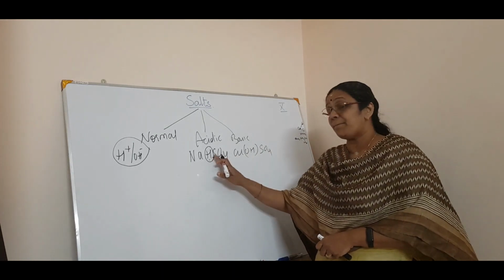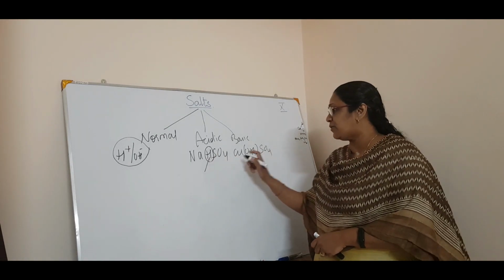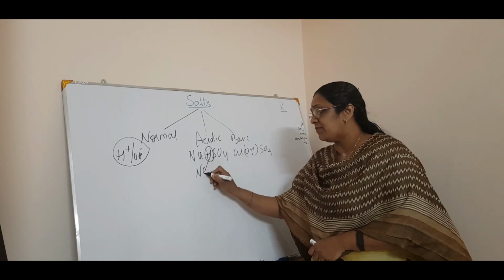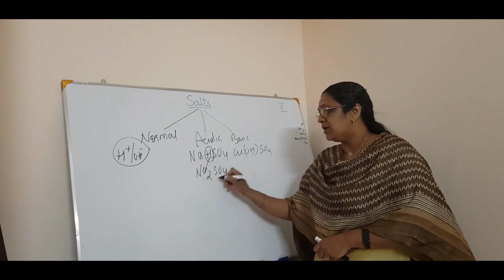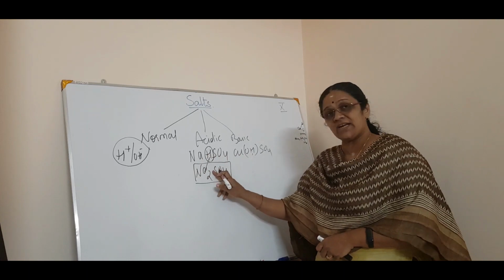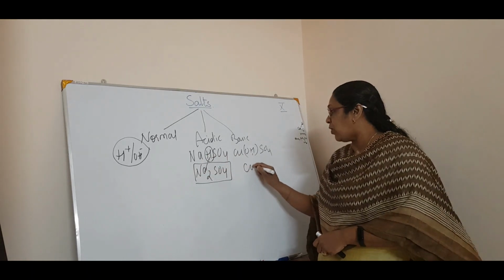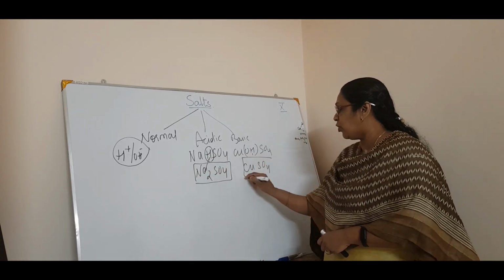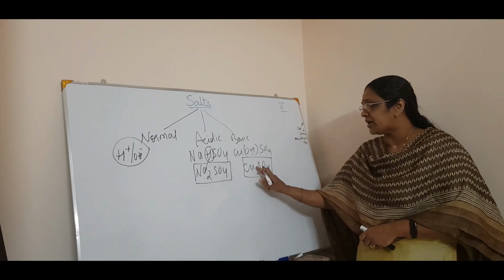So there is only a partial replacement of H+ ions. For example, this again will form Na2SO4. This is a normal salt. There is no hydrogen ion. This copper sulfate is also a normal salt because there is no H or OH-.